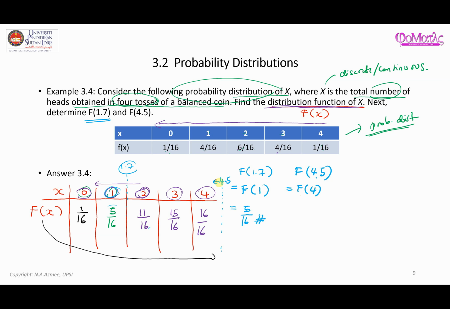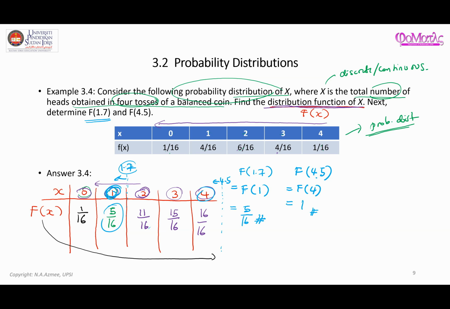So the next closest thing is 4. Similar to 1.7, we're going downwards, so the next closest is x equals 1. Therefore the cumulative probability here is 5/16. And for this one, the answer is going to be equal to 1. Okay, that's it.